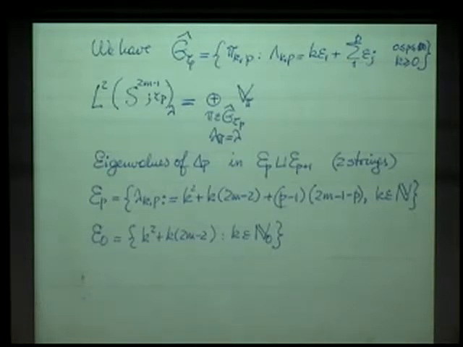So now the eigenvalues of the p Hodge Laplacian in the sphere are well known. They are a disjoint union of two sets that look like that. This is classical. The eigenvalues of the lens spaces will be a subset of this, because we are taking a quotient.